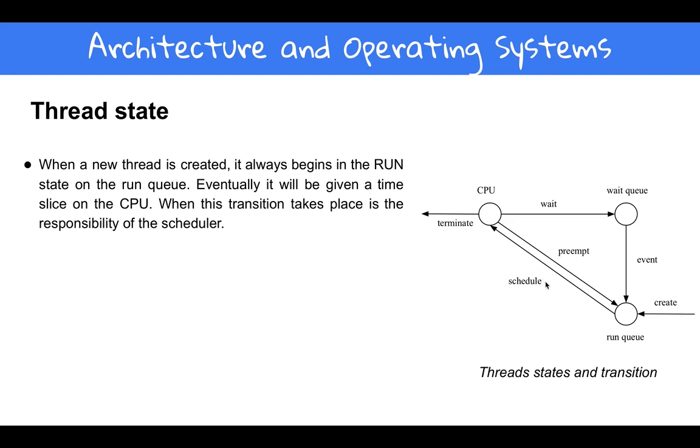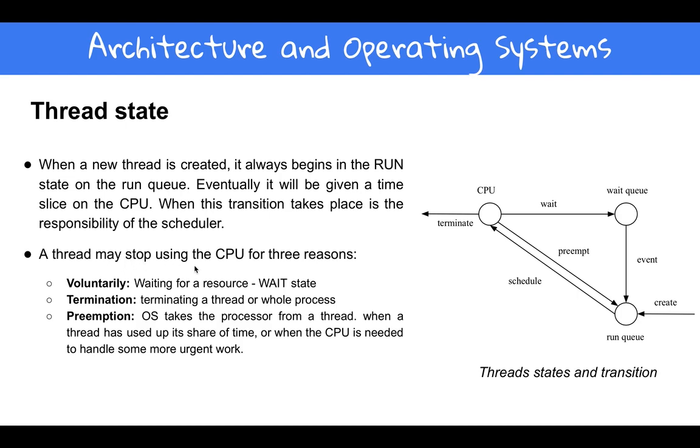This is the scheduler's job, to say, okay, this is your turn, you go to the CPU. No, you've got to wait. This thread should wait, the first one should go. We don't have capacity there, so you go first, you second, and so on. We will discuss how this scheduler works. But as soon as the thread is created, it goes to the run queue and waits for the scheduler to give it time on the CPU.